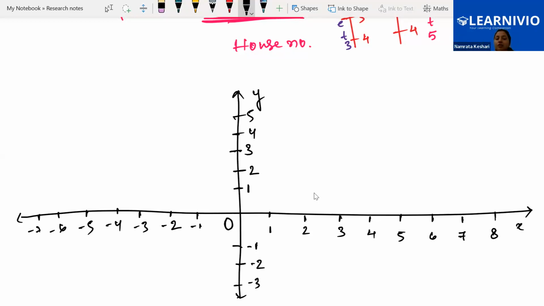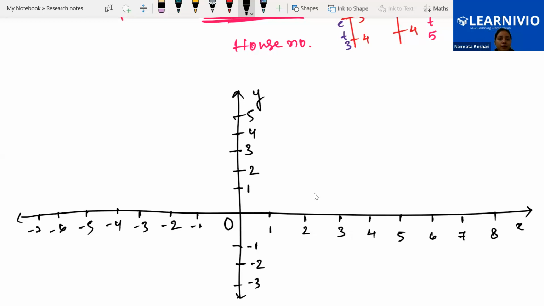Okay, be careful. On the right side we are writing the positive numbers, on the left side we are writing the negative numbers, that we already know. But on the vertical line, we maintain the positive numbers on the upside, and the negative numbers on the downside. That's how we have kept this vertical number line.